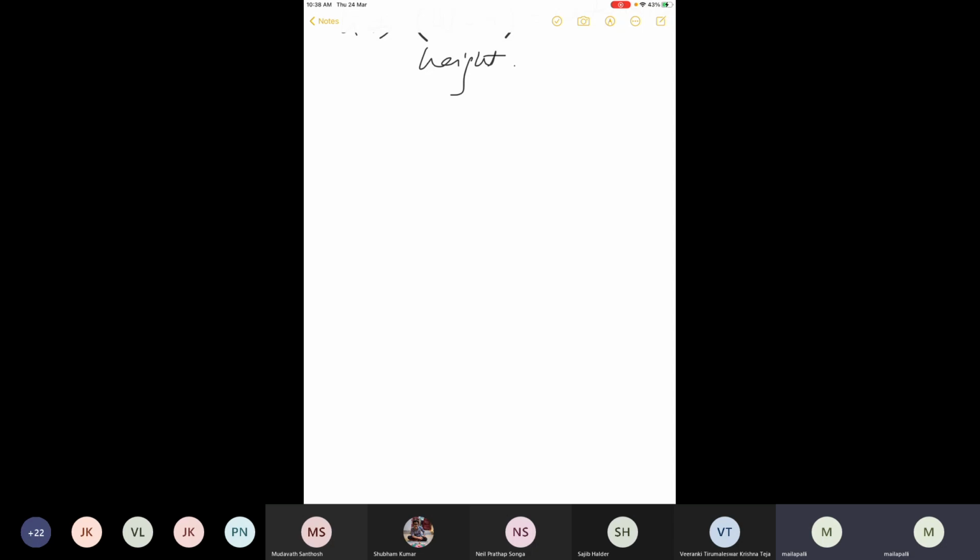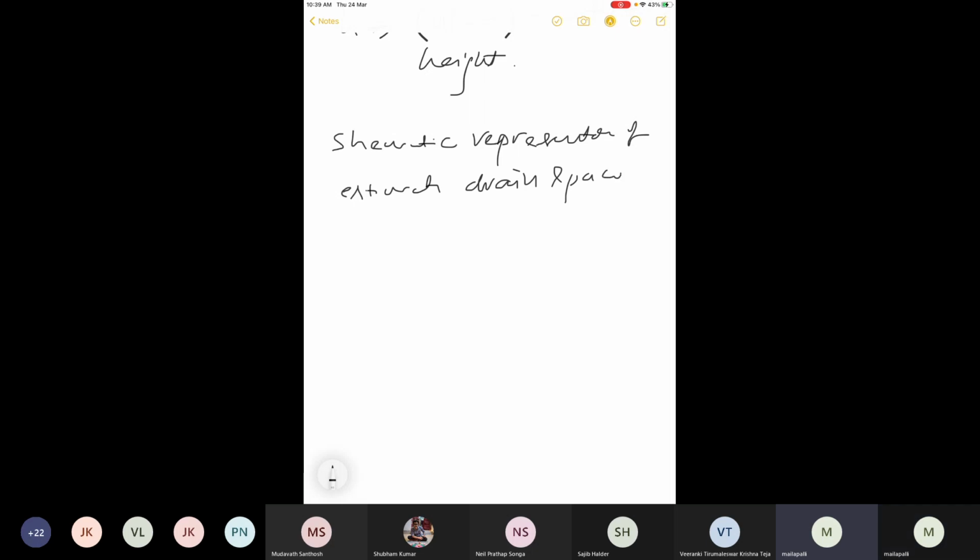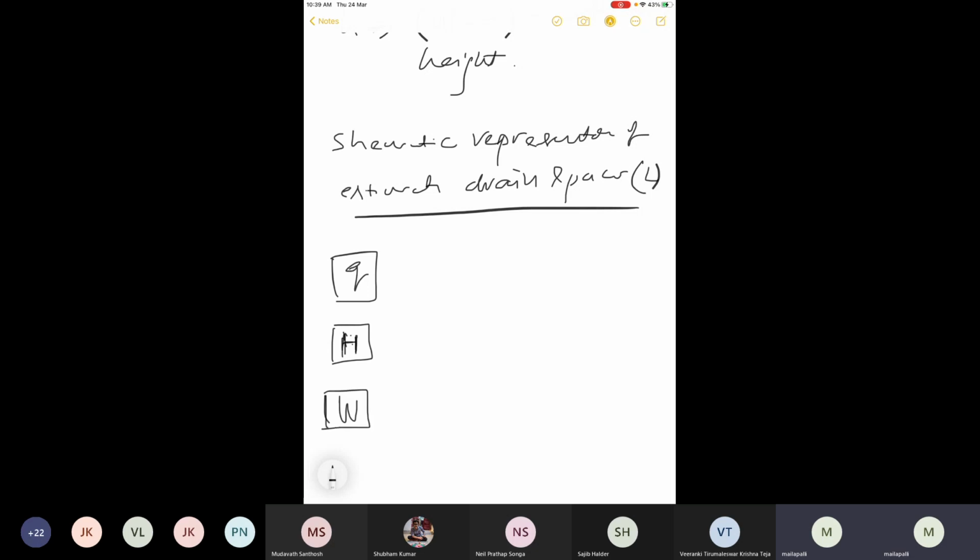So basically, if you see a schematic representation of estimating drain spacing in a simple way, that is L. You need a Q value, that is the drainage coefficient, and you need an H value, which is the water table depth from the surface midway between two drains, capital H, and W is the depth to drain base from the surface.